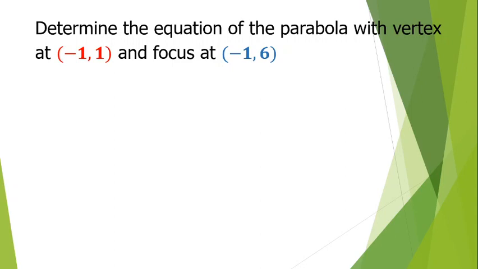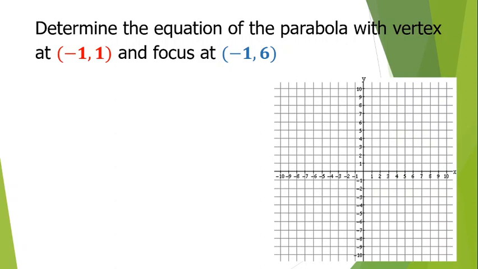focus at -1, 6. The first thing that we have to do is to graph the equation in order for us to determine the opening of the parabola. So we have the vertex at 1, -1 and the focus at 1, -6.